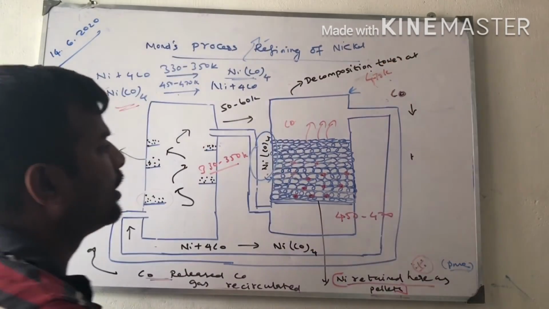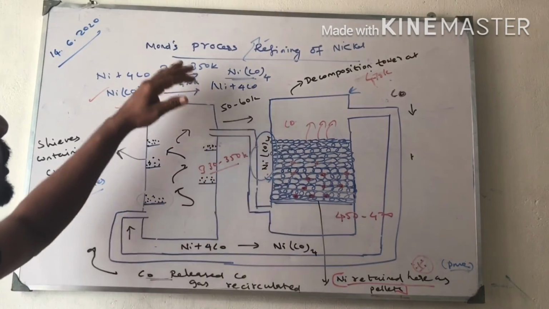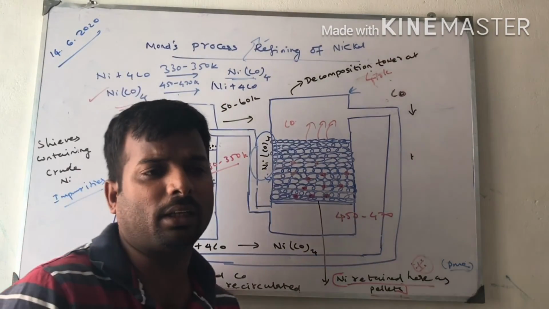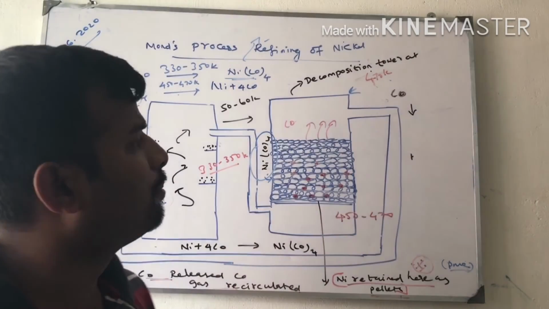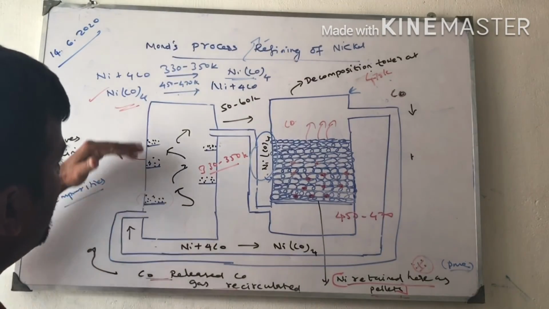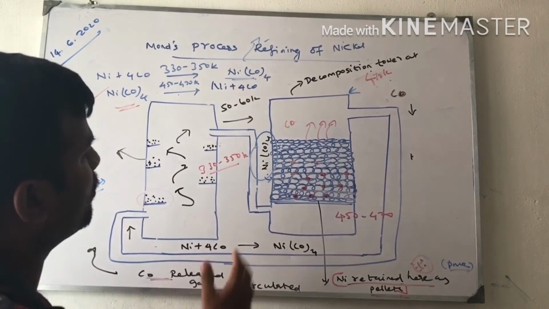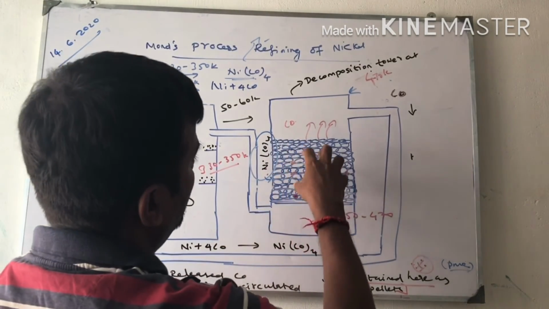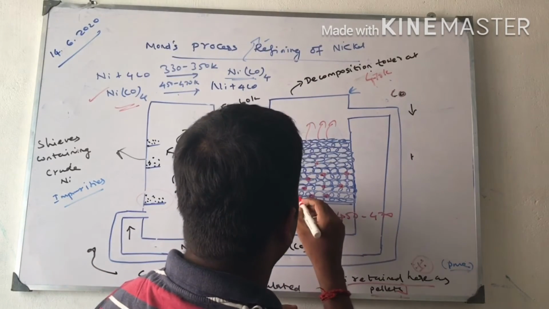This is a very important question. The Mond process is especially for separating nickel from its impurity. It is a very important diagram. Once again I repeat, this zone contains impure nickel, it mixes with carbon monoxide in this zone and forms nickel tetracarbonyl complex. After this, the nickel will be stored here.